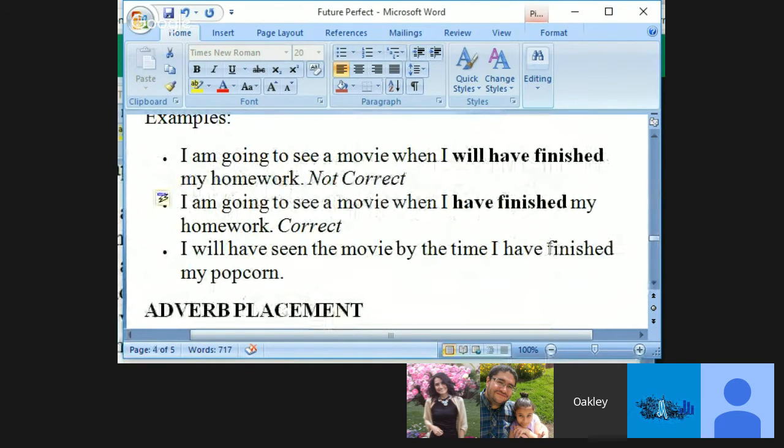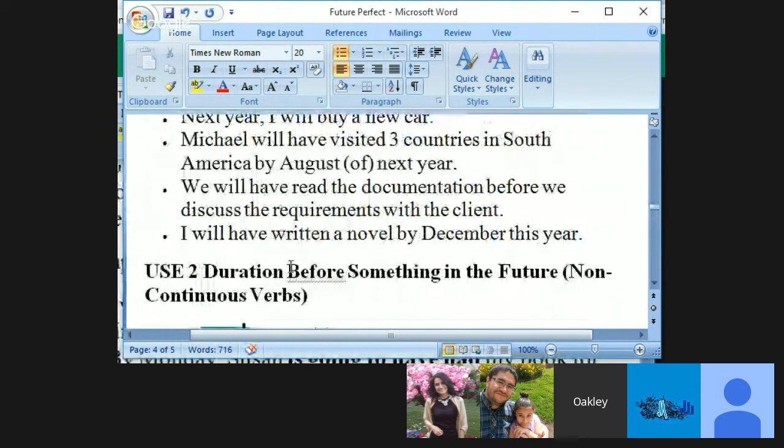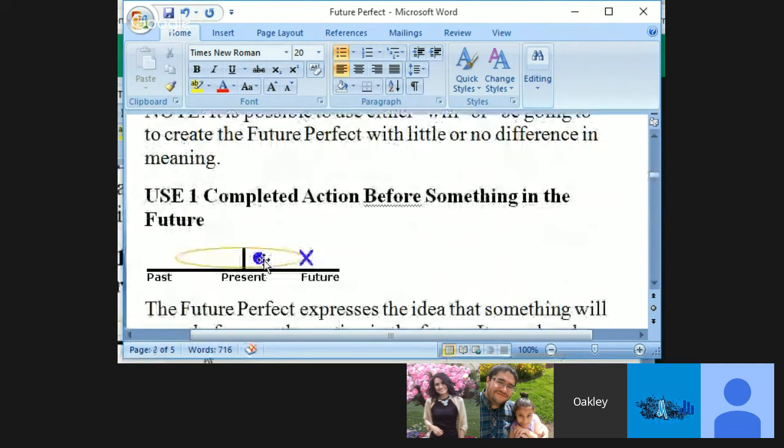"By the time I finish" doesn't really make sense. So to answer your question, I guess not. It doesn't make sense, because always, always that future perfect is going to be that purple circle there. And it's going to be in conjunction, I suppose, in a third clause, where it might be possible.